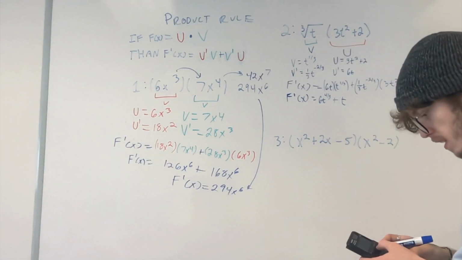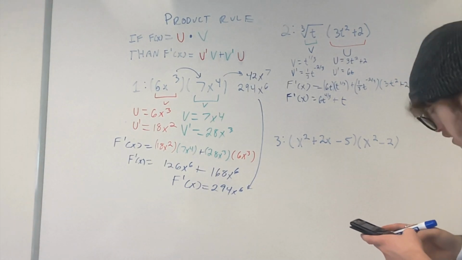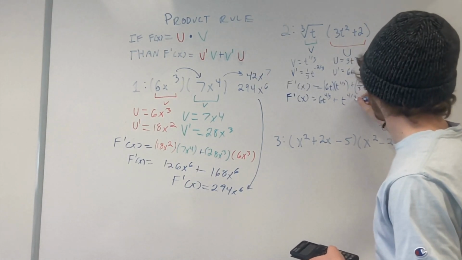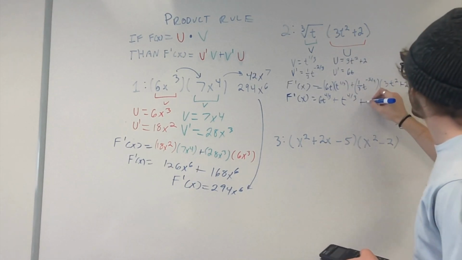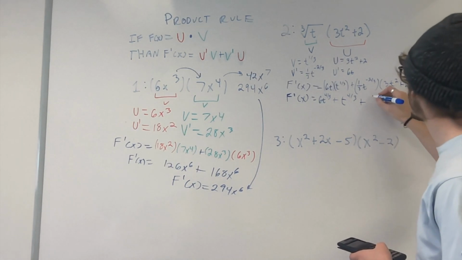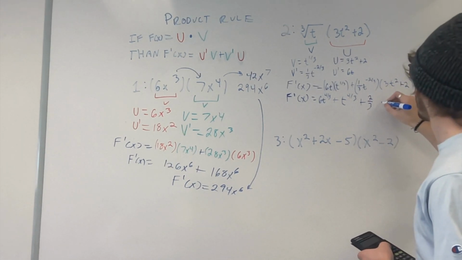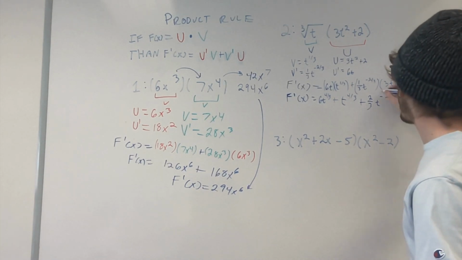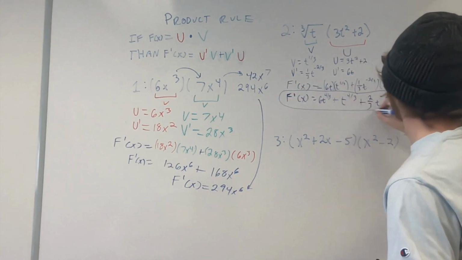So negative 2/3 plus 2 is t to the 4/3. All right, we bring it out here, 2 times 1/3 is 2/3, t to the negative 2/3. So that is our derivative here.